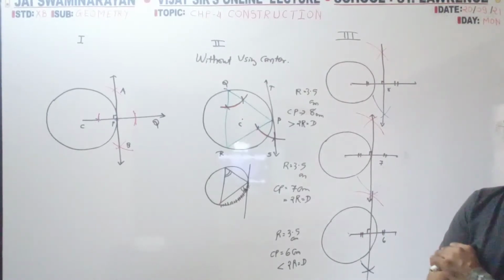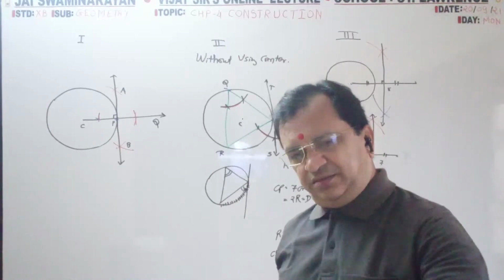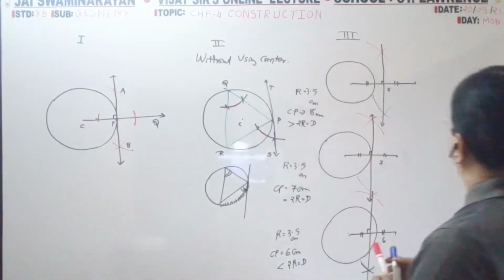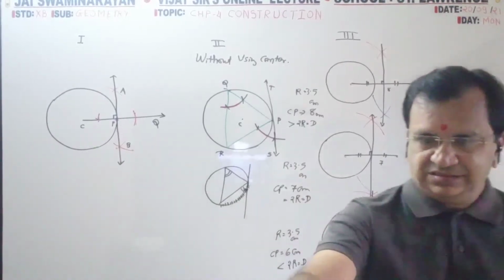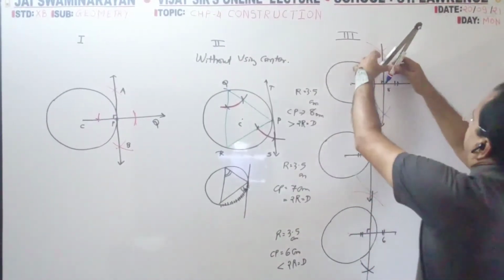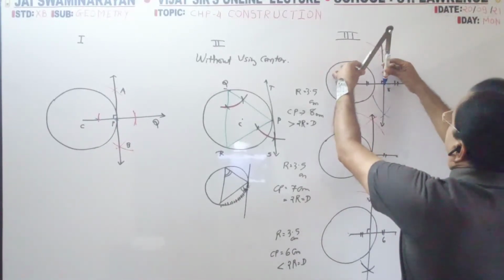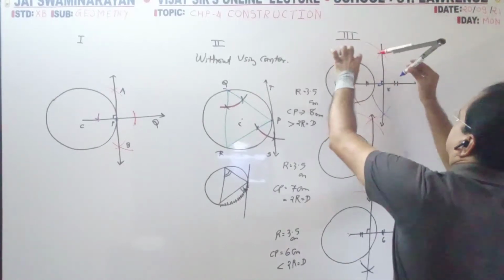Now, from that new point on the perpendicular bisector, this is the new point. From C you have to take and just cut the circles.